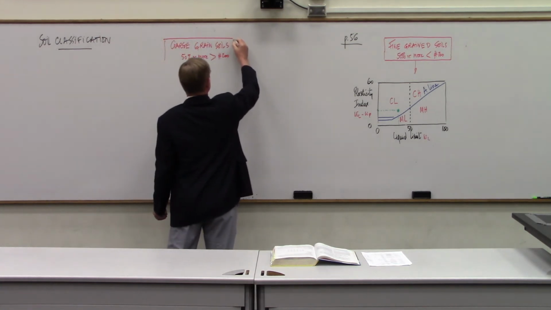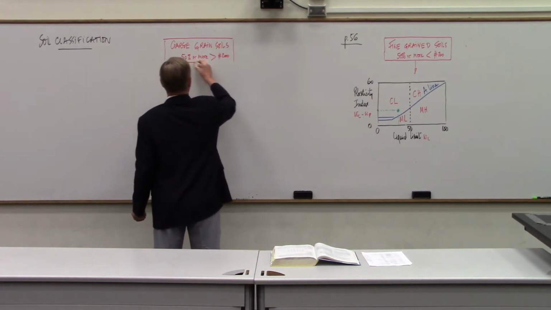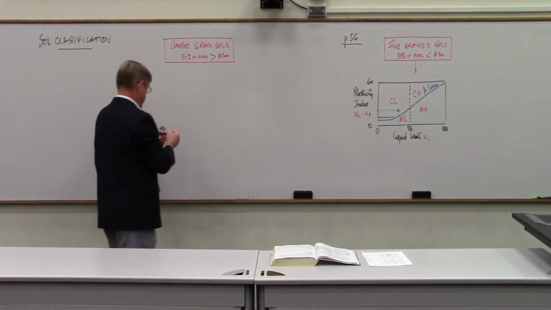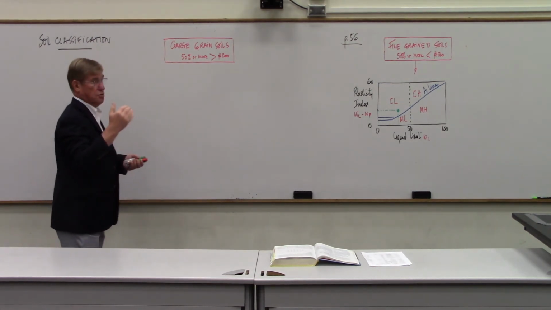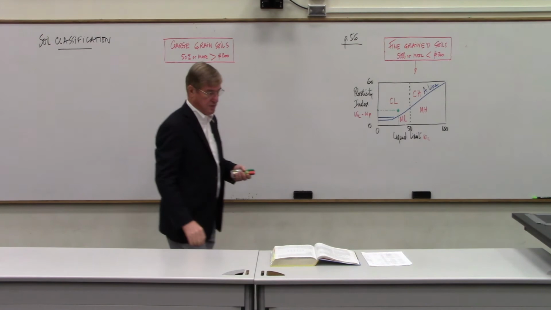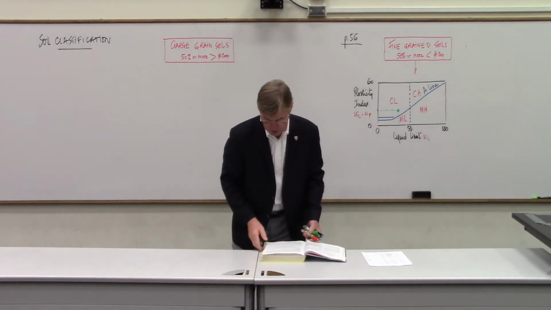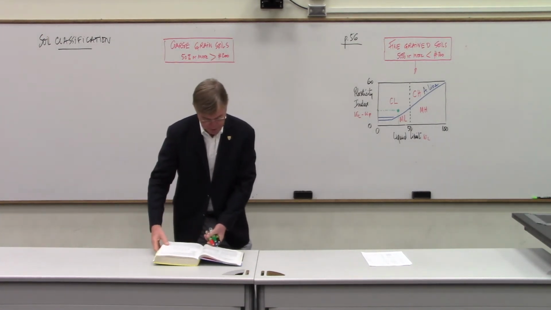Okay? So you've looked at your grain size distribution, and you find that you have more than 50% that's larger than number 200.